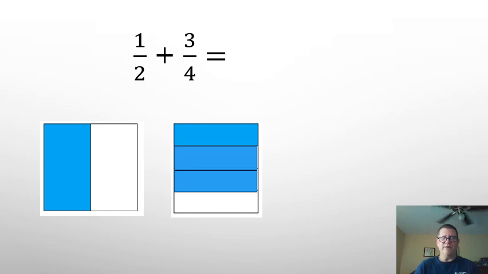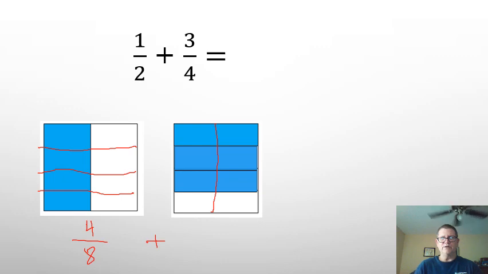Here's my 1/2. I'm going to take my quarters over to my other model, and on my 3/4, I'm going to take my 1/2. Now when we count them up, we have 4, and 2 times 4 gives us 8 for our array, plus in our second model, we have 6/8, which gives us 10/8.